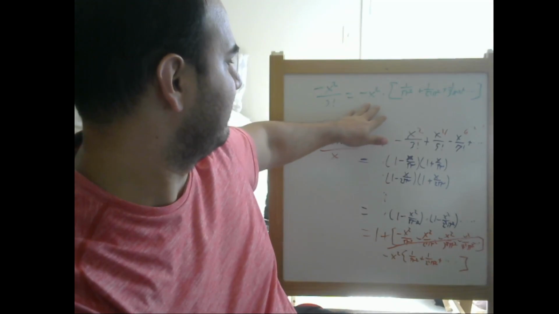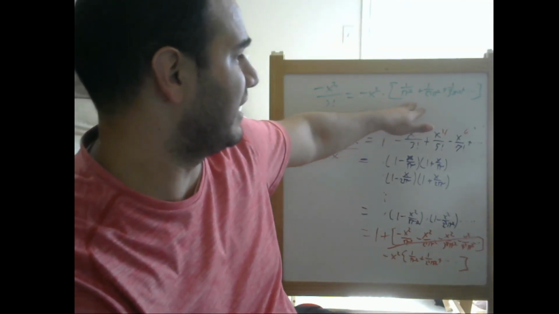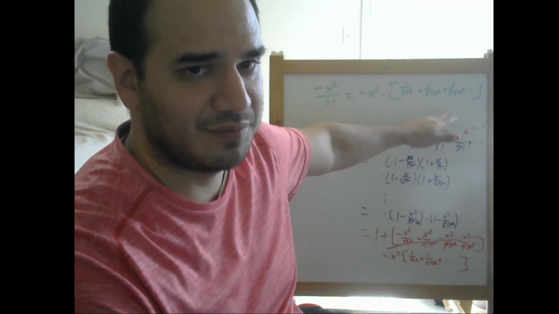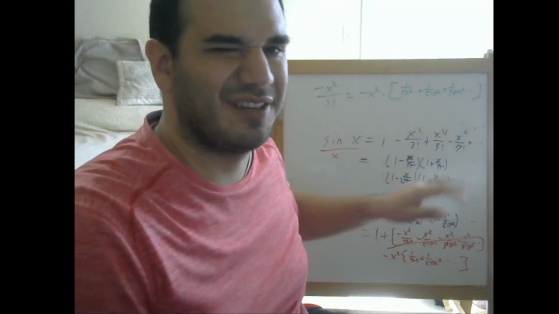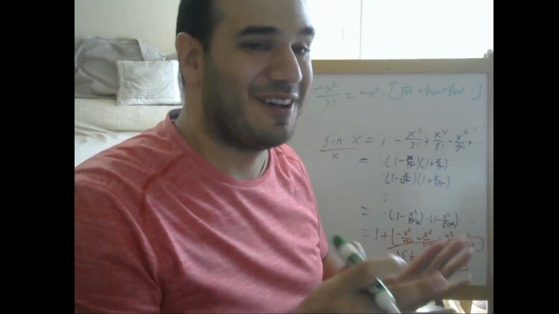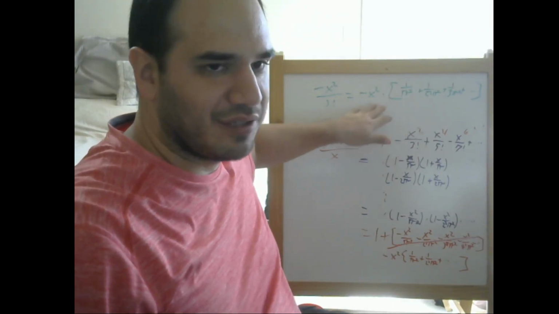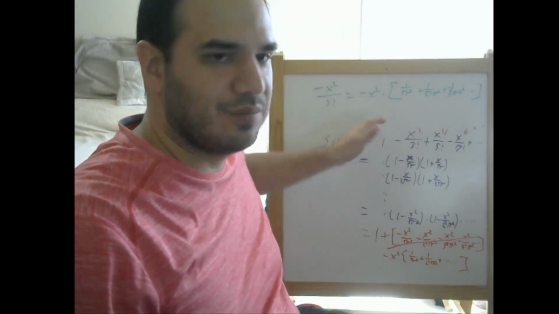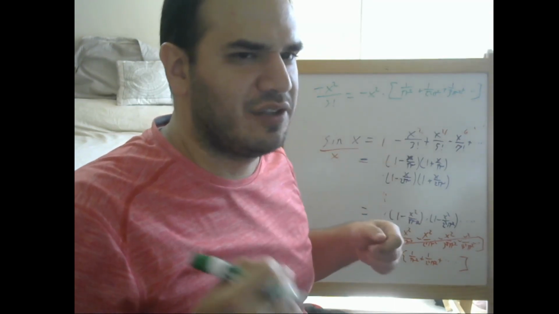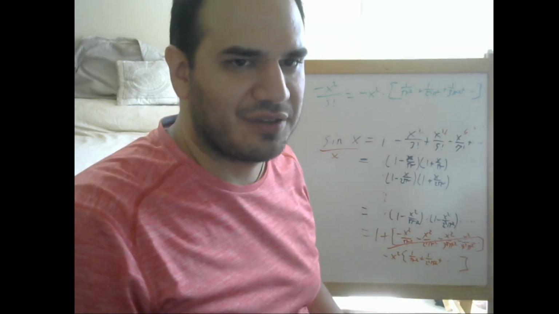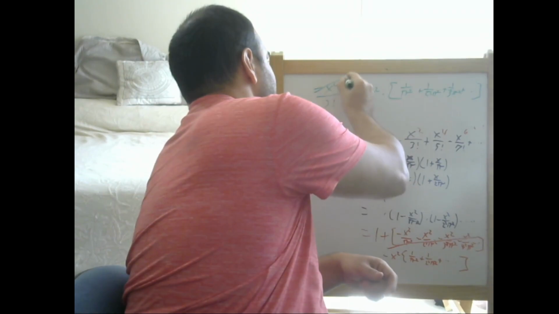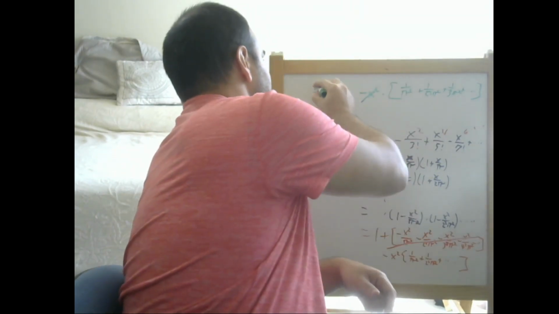So we have negative x squared over here times 1 over pi squared plus 1 over 2 squared pi squared, and so forth. Sorry, I know it's a little blurry, but if you've been following along, you should know what it is. Okay, well, we have x squared on both sides, so we can just cancel that. We really only used it to compare the coefficients. Right? So that goes away.